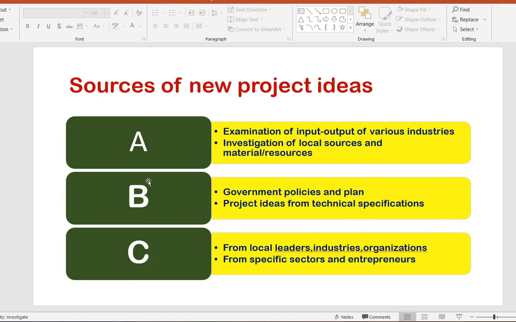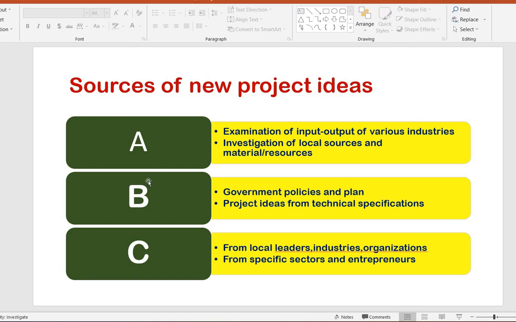These are some of the facts about the possibilities or the sources of new project ideas. The first one I mentioned here is examination of input output of various industries.